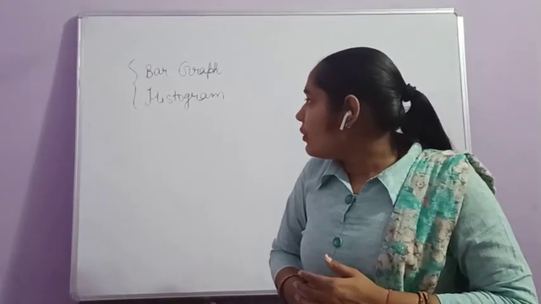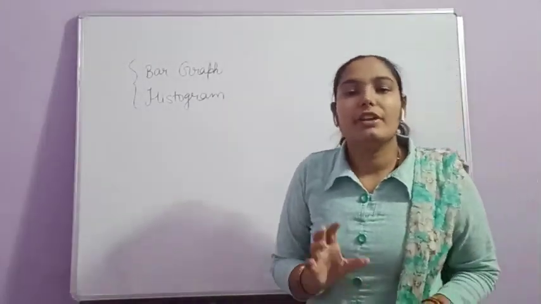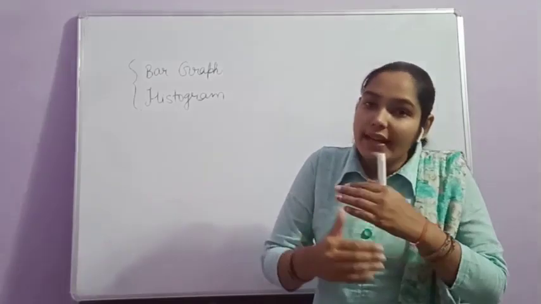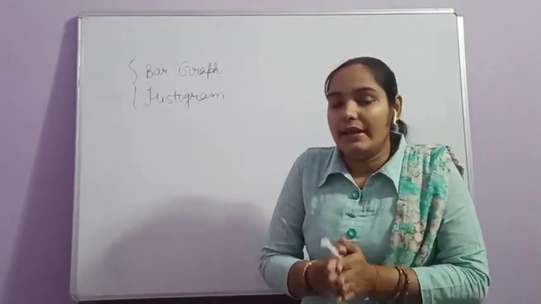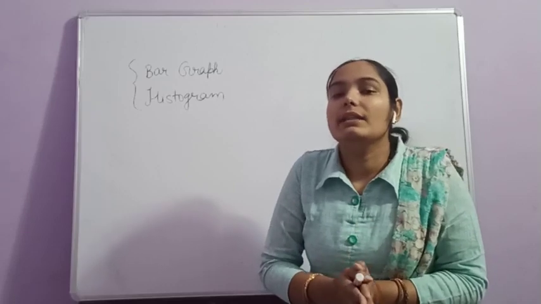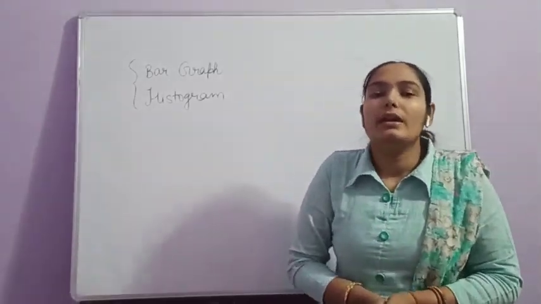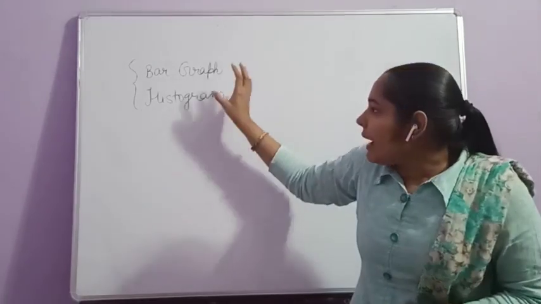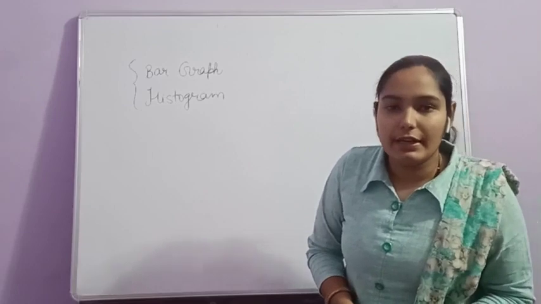Today we have discussed how we can arrange given data in a frequency distribution table. In the next lecture, we will discuss how we can arrange the given data in a graphical method. Okay, on a graph, how we can form the bar graph and histogram to represent the given data.